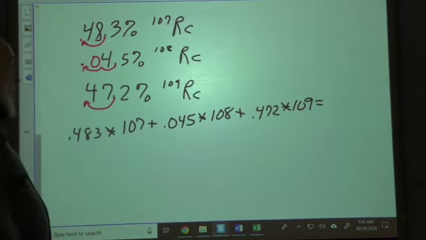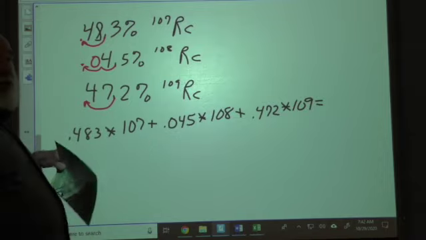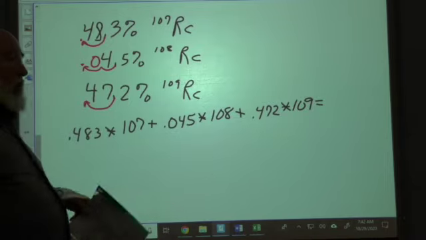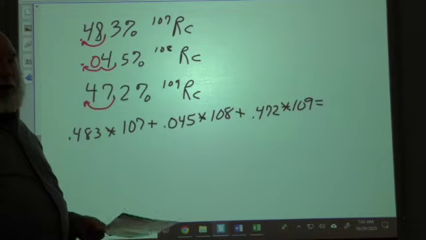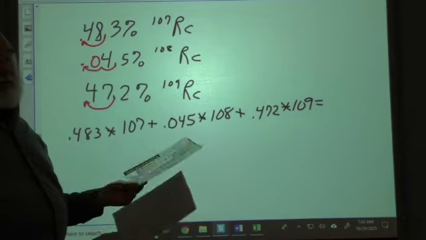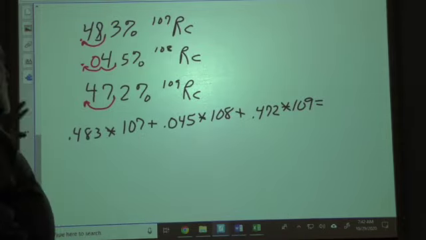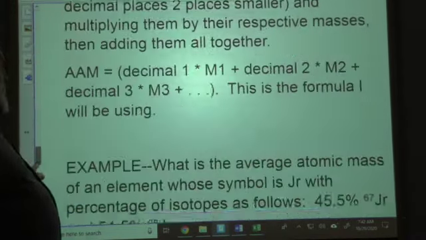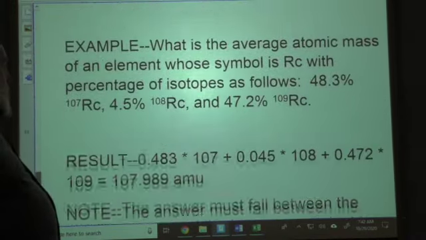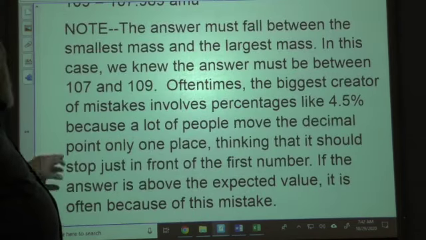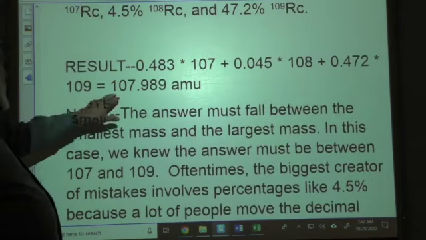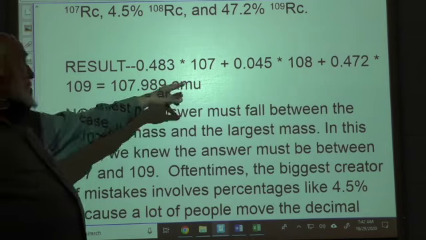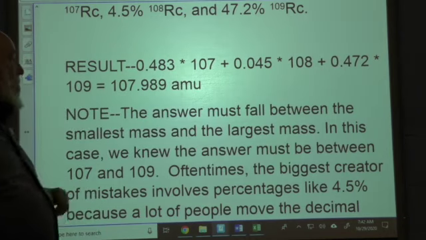Punch that in your calculator, and you don't need parentheses because your calculator understands the order of operations, which is multiply before you add. But if you want to put the parentheses in, don't mind me. So, when you do this calculation here, your answer is 107.989, which will be between 107 and 109.